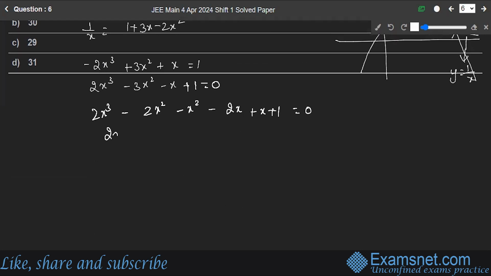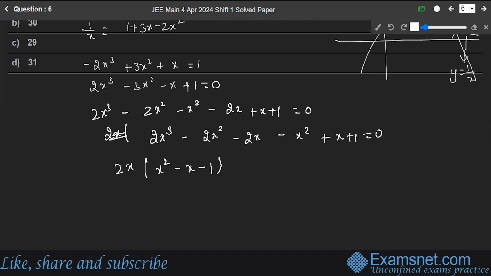So let's take 2x common from here. First of all, this will be 2x cubed minus 2x square minus 2x minus this plus this plus this. Here will be x square minus x minus 1 and minus 1 will be common. X squared minus x minus 1 is equal to 0.